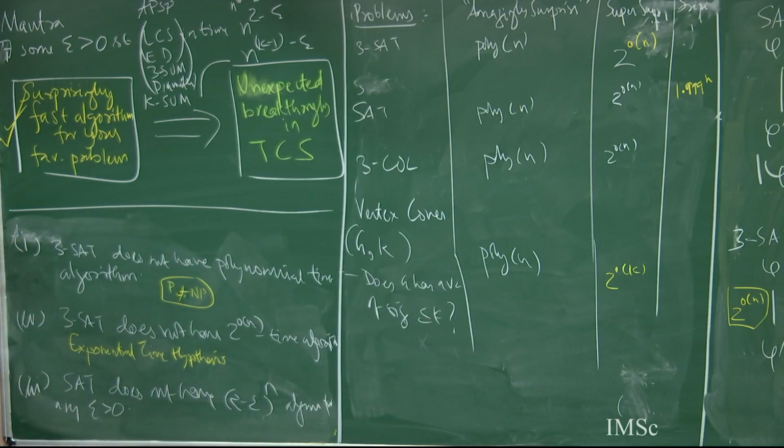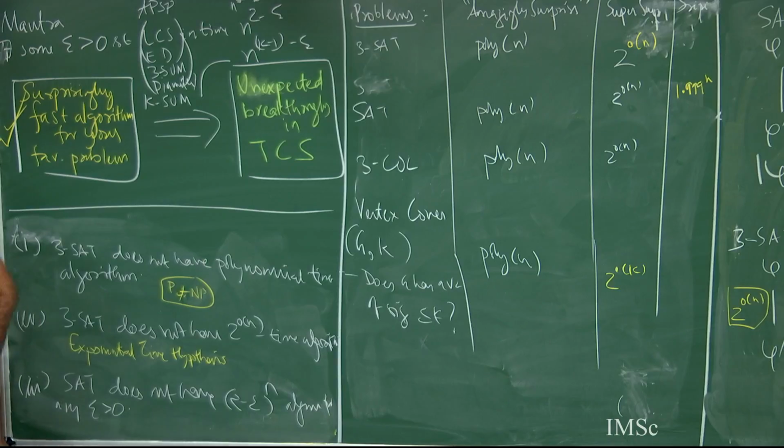This one is slightly stronger, and this is an even stronger conjecture. What are we saying? That 2 to the power n, brute force, is the best you can hope for, and this is called the strong exponential time hypothesis. It is actually not phrased like this, but for all practical purposes this is good enough.